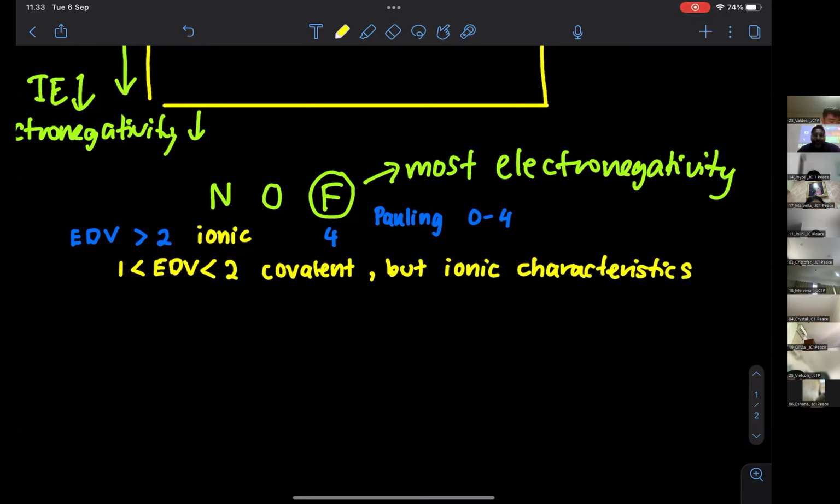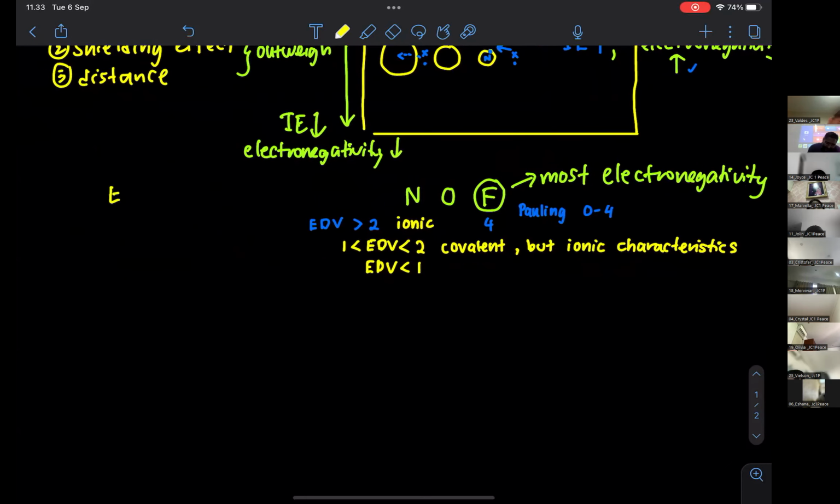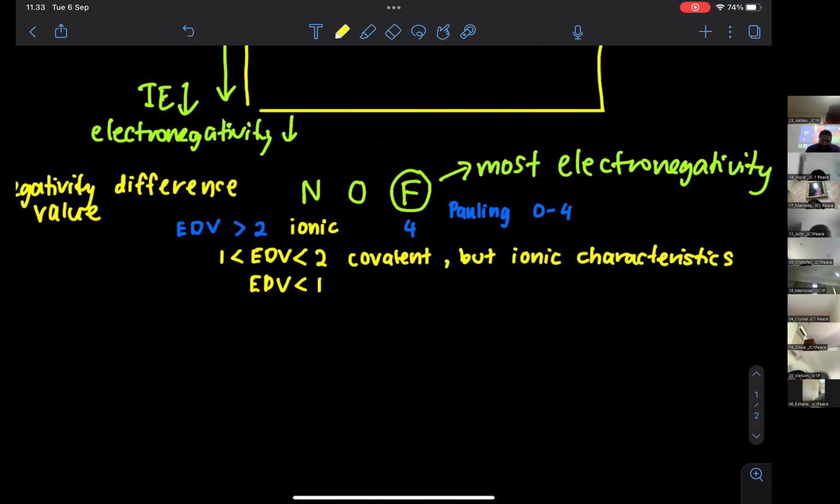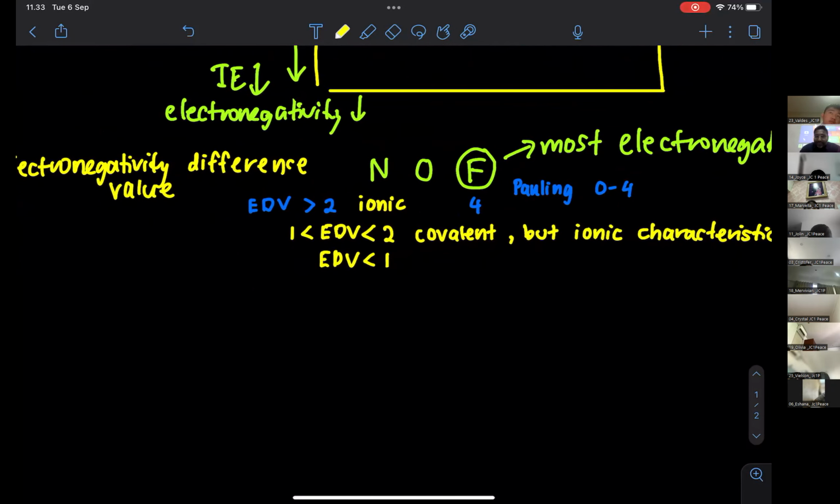You can refer to my notes. Covalently bonded, but with ionic characteristics. Now, if the EDV is less than 1, and EDV stands for electronegativity difference value, or the difference in Pauling scale, between those two numbers you find the difference.